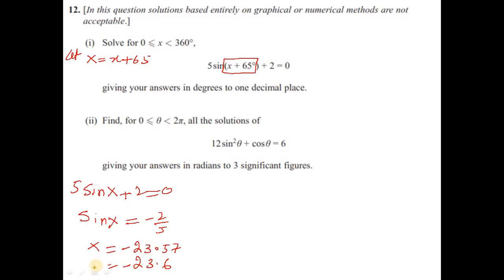So this is the value of capital X, and we need to figure out the rest of the angles in the interval 0 to 360 degrees. So what do we do in this case? We ignore this negative sign for a second, and consider the angle as only 23.6.